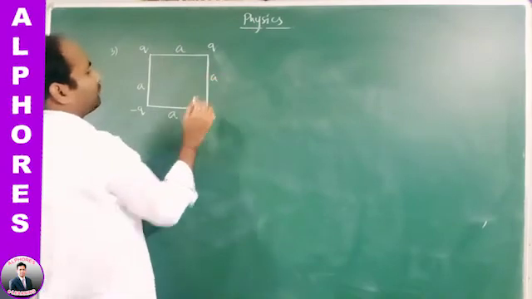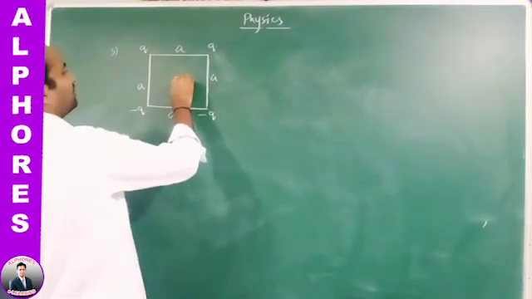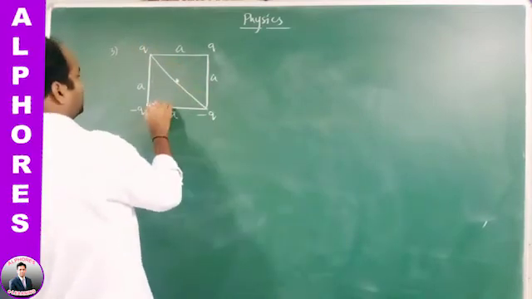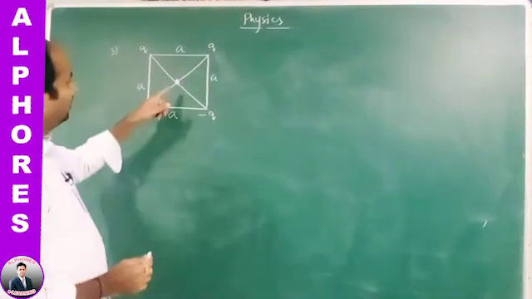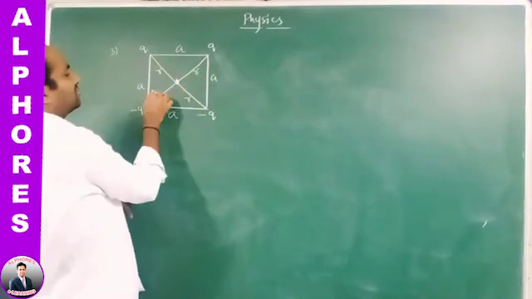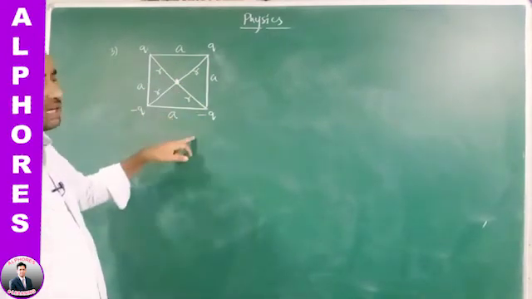Now what is the potential at the center of the square? From the center to either of the charges, the distance is the same, R, because the center of the square is equidistant from the corners.